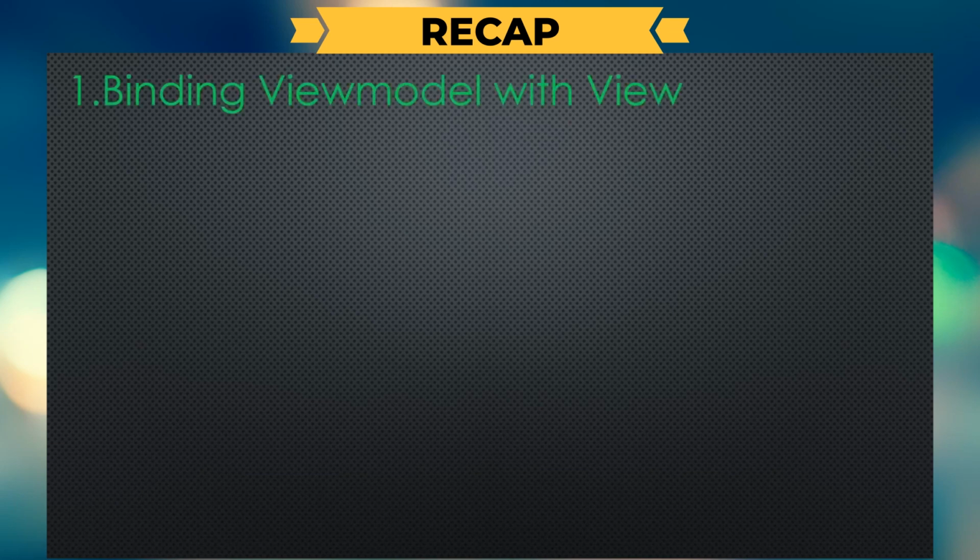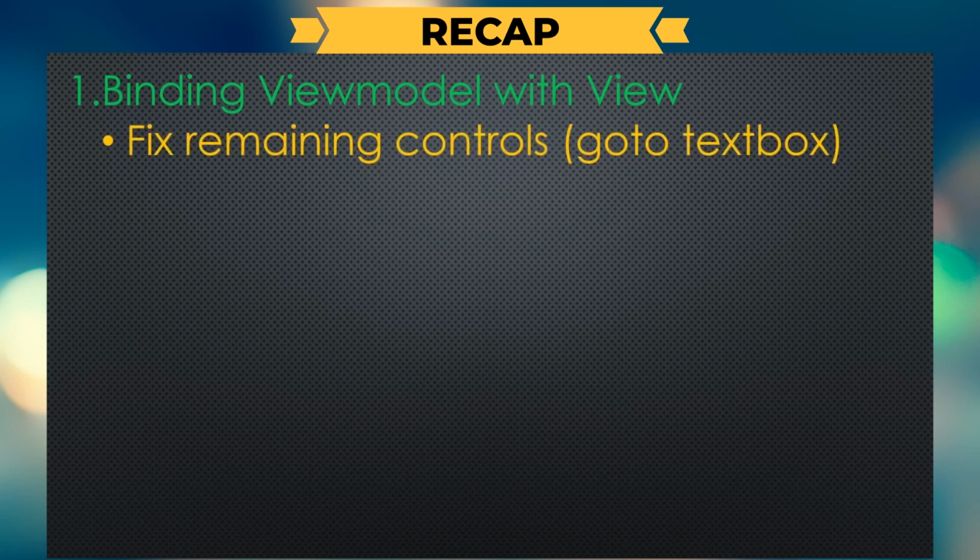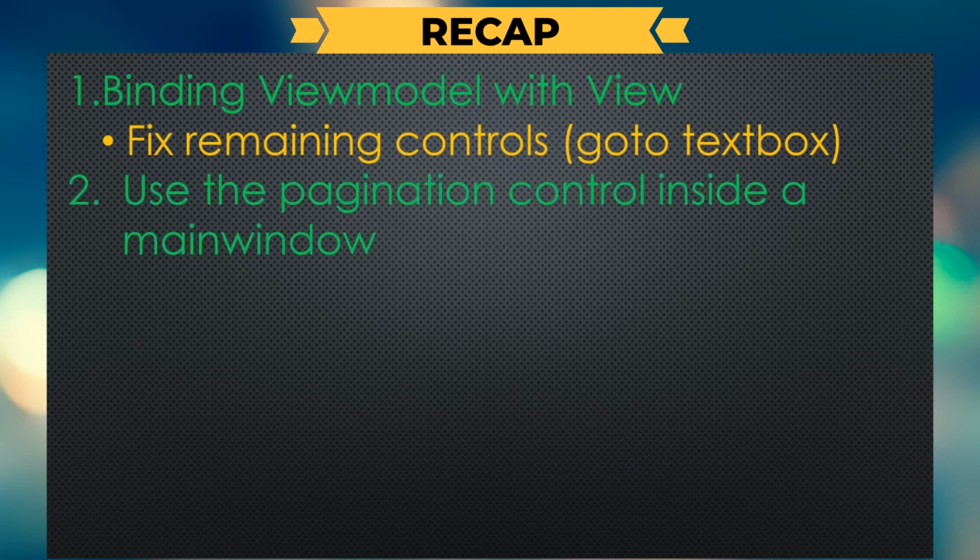In the first module, we fixed the remaining controls, which was only the go to text box, where when you press that value it goes to the particular page, and we fixed the property change methods. And the next one is, we have so far seen creating the pagination user control, which is working perfectly well, but that is inside a separate DLL.